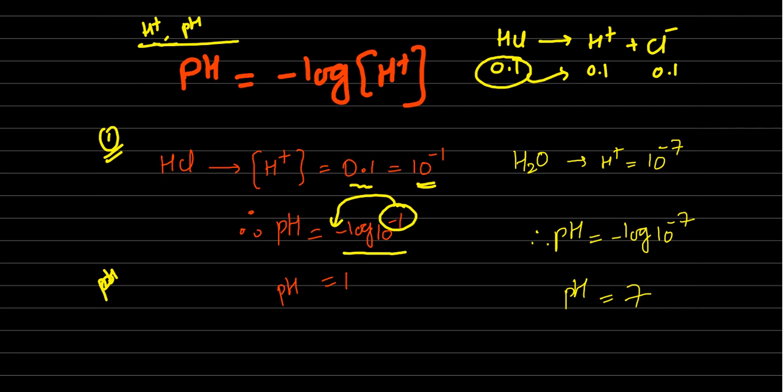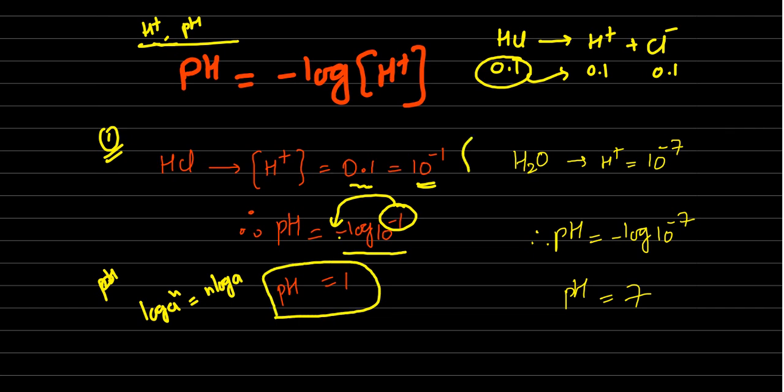What is the formula here? Log a to the power of n equal to n log a. So this power will come in front. Here minus 1 is there, already it's minus, minus into minus is plus. So finally our pH value is 1.